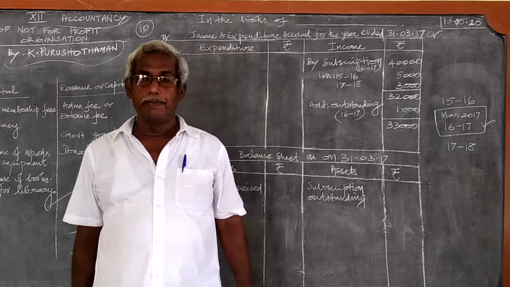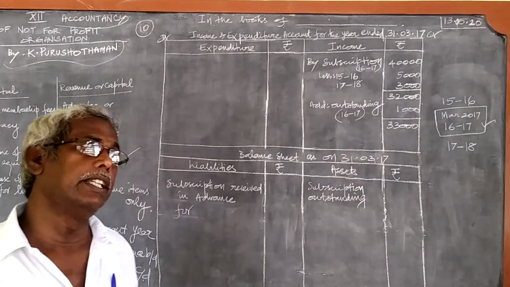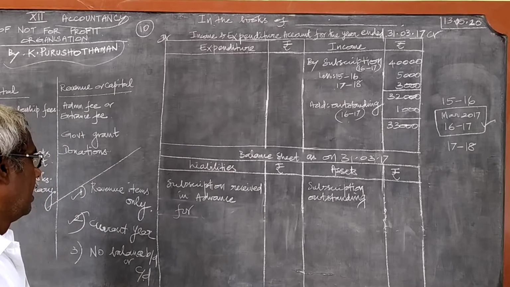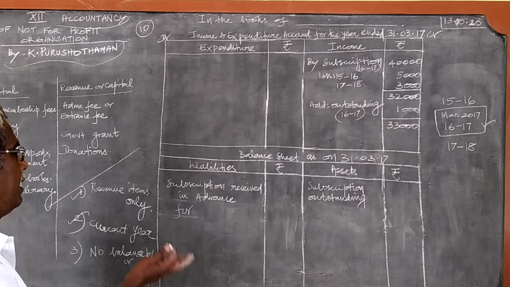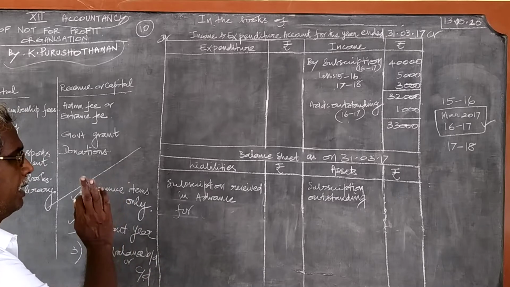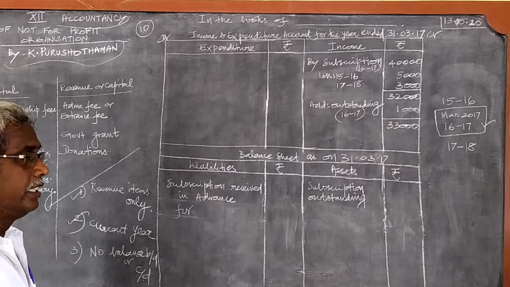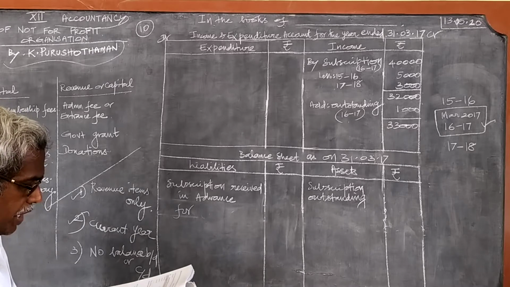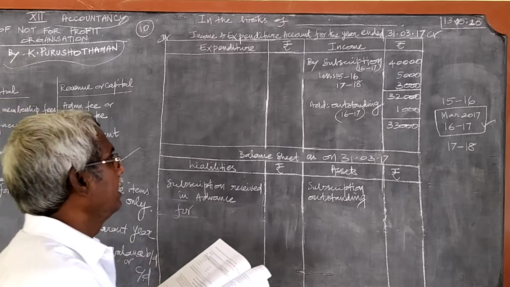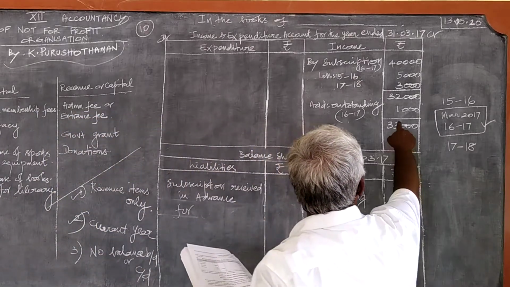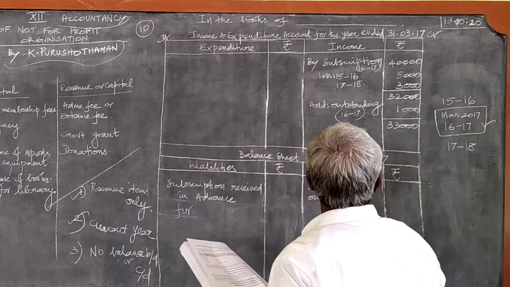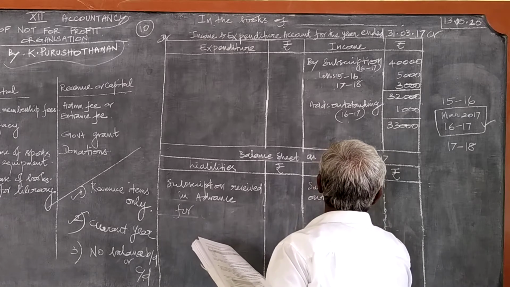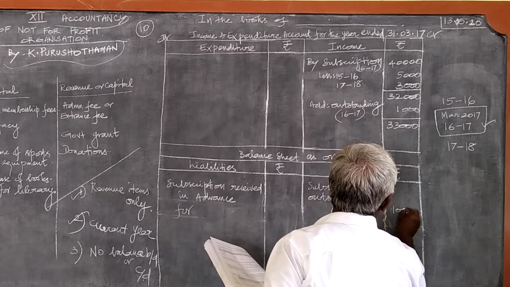I said that on the asset side, the outstanding income should be shown, and the income received in advance should be shown on the liability side. Here the income is subscription. What is the subscription outstanding for the year? We have written that already: subscription outstanding for 16-17 is 1,000.